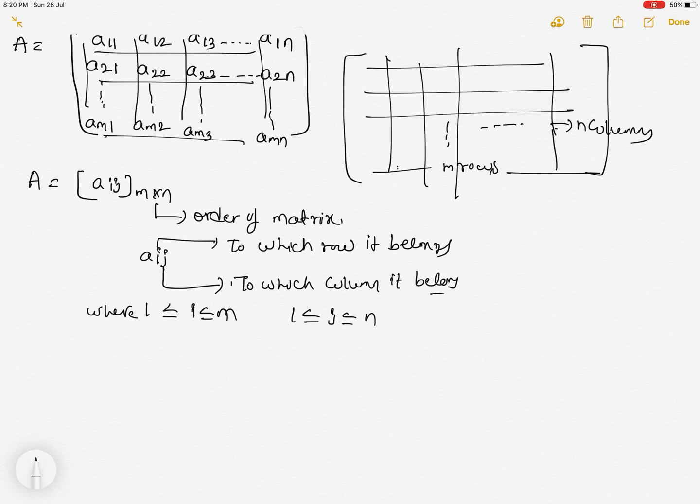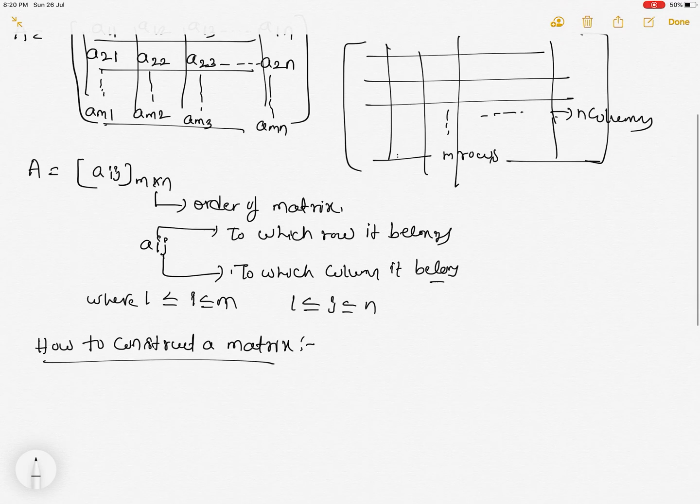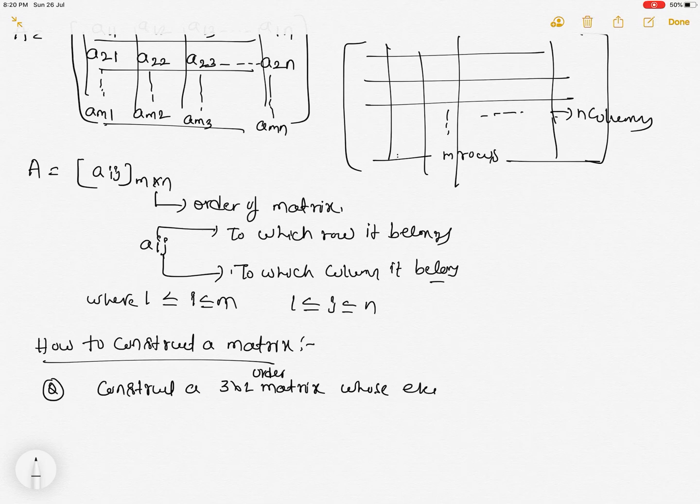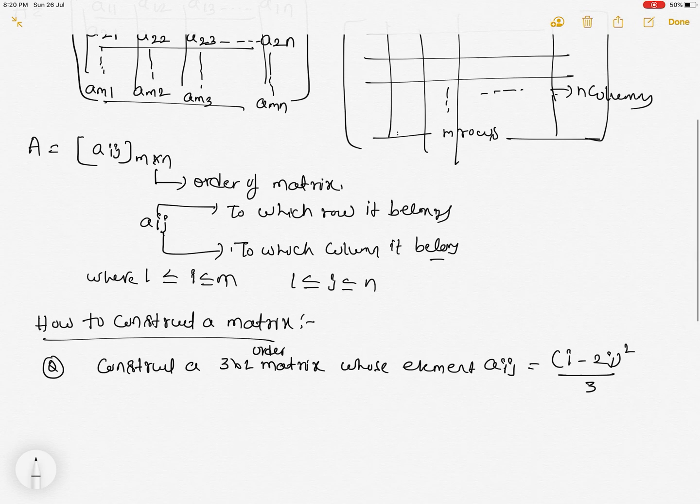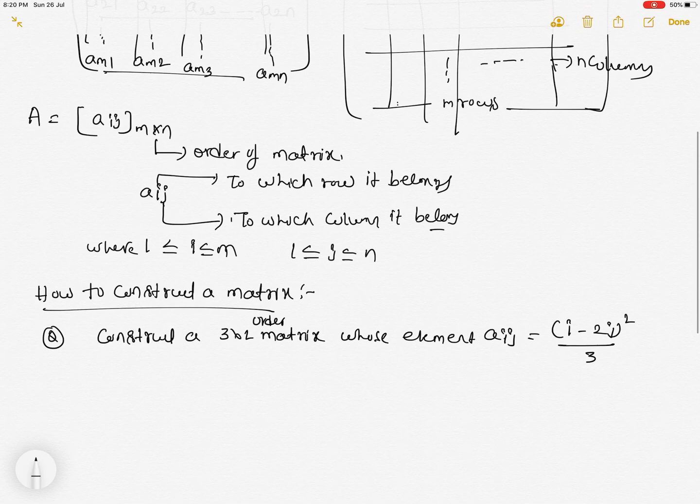So the question is: construct a 3 by 2 order matrix whose element Aij equals (i minus 2j) whole square divided by 3. So I have to construct the 3 by 2 order matrix.